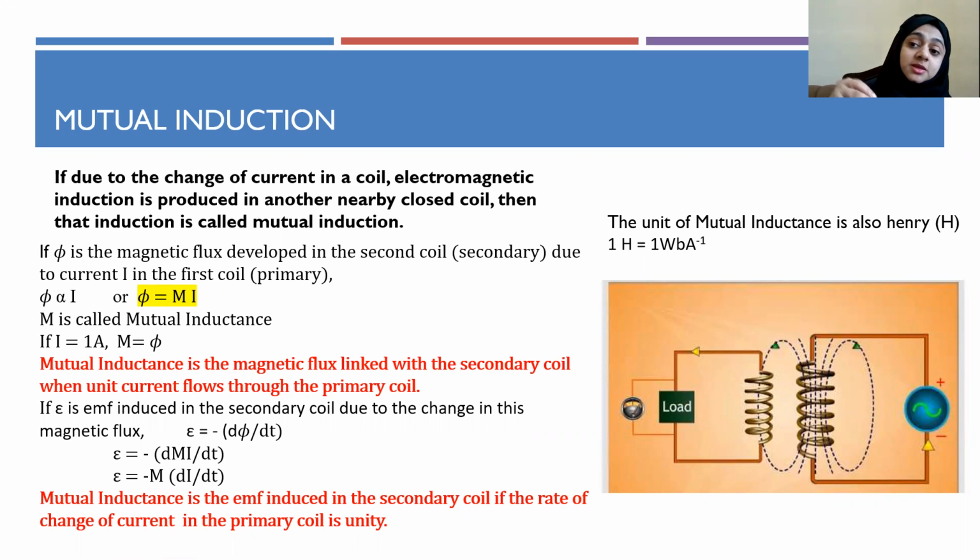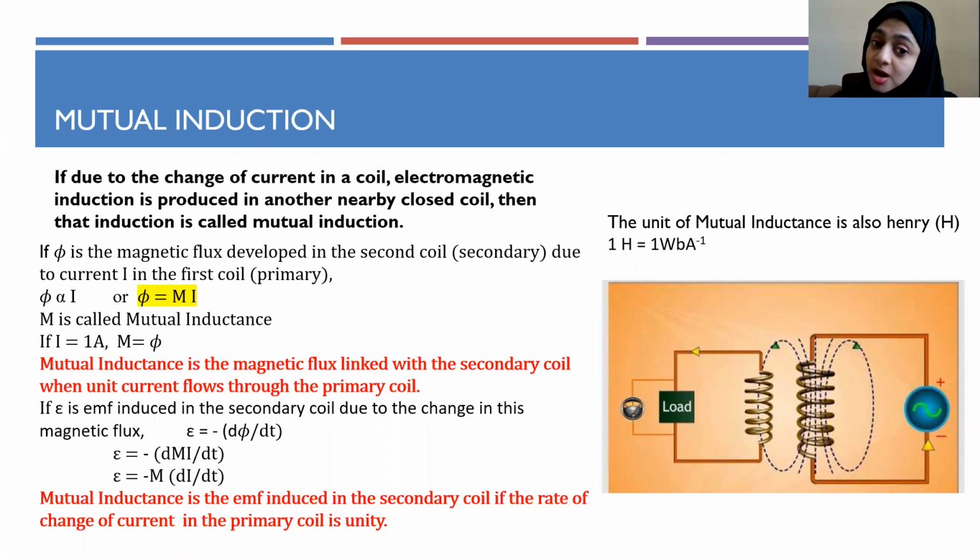We are applying some current in one coil of wire, which we call the primary. As a result, the magnetic flux linked with it changes, and if there is another coil near to it, the magnetic flux linked with it also will change, resulting in the induction or electromagnetic induction in the secondary coil. So this is called mutual induction.